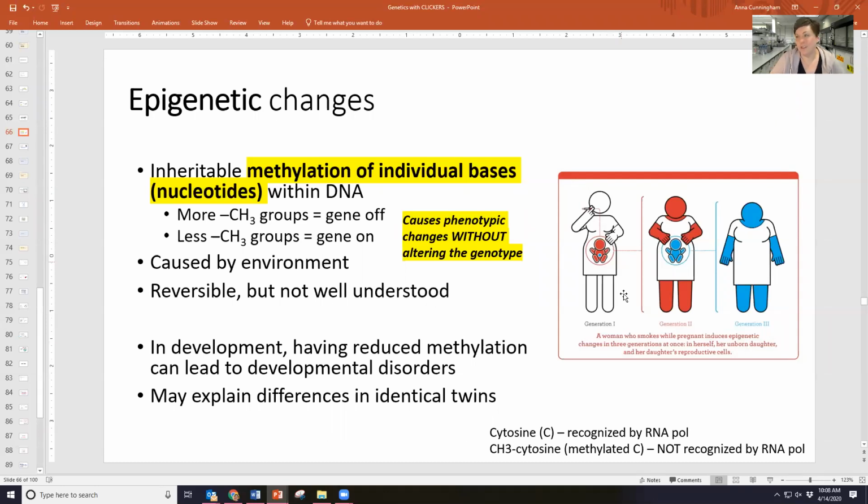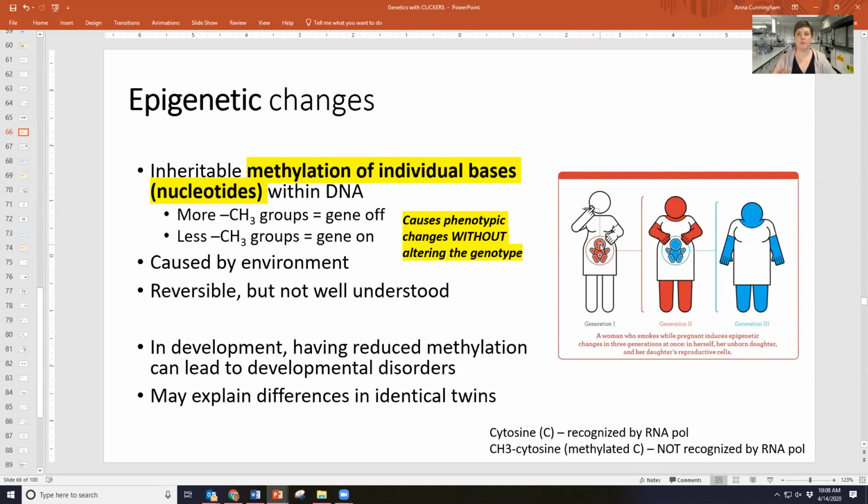So for example, there is a link between smoking and obesity. But interestingly enough, if your grandmother smokes, it can lead to you having obesity, even if your mom didn't smoke. Because what can happen is your grandmother smoking could lead to epigenetic changes.